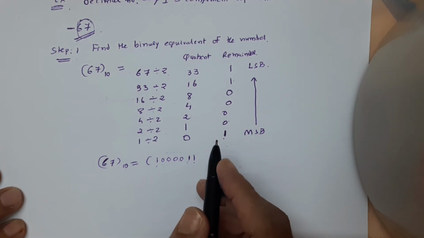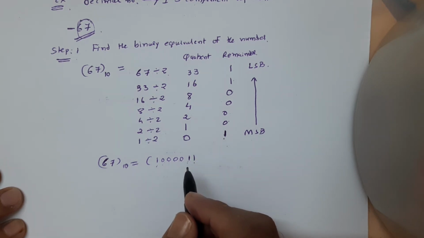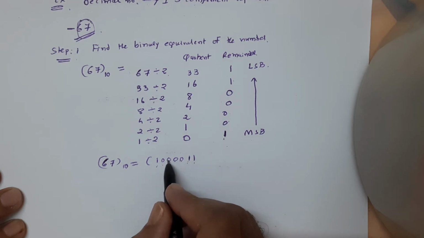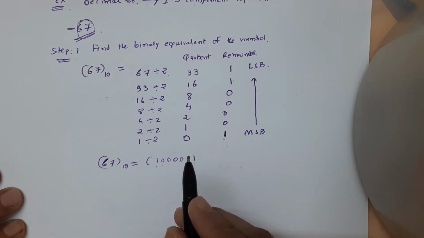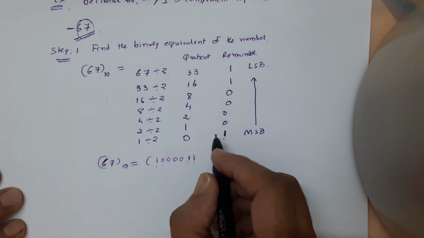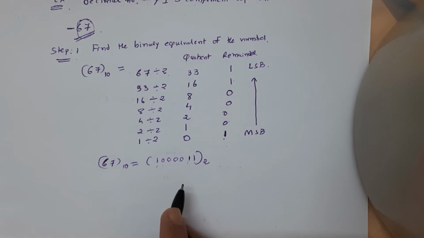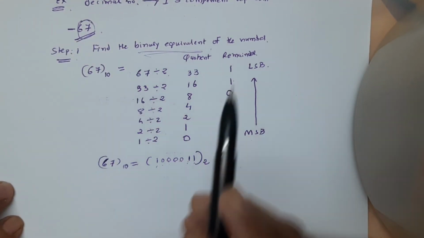Right? 1 2 3 4 5 6 7, binary magnitude. Right? So first of all, find the binary equivalent of the number.